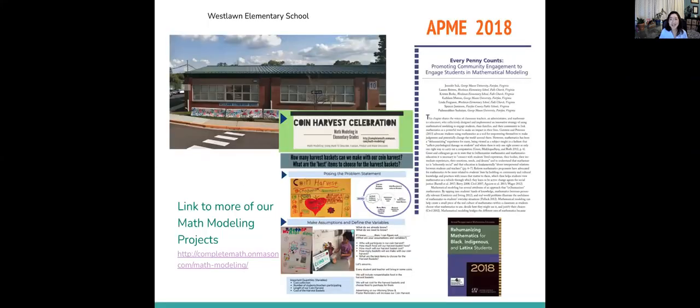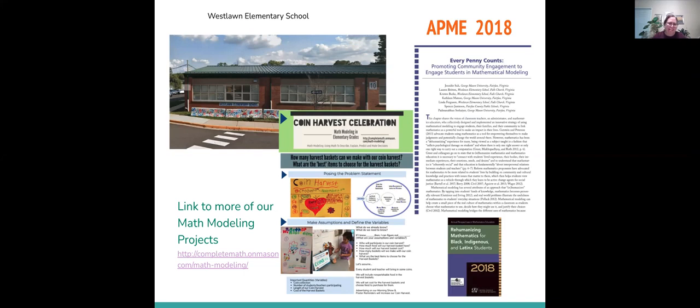So here's Westlawn, and Susan's going to talk a little bit about Westlawn and just some of the context around the school. Okay, I love this slide right here. It's showing a lot of what Westlawn has done with math modeling.